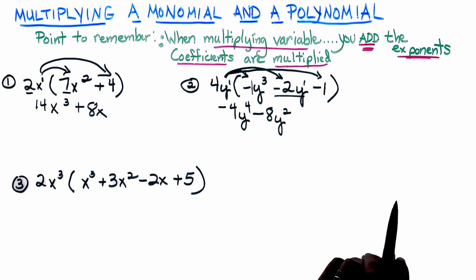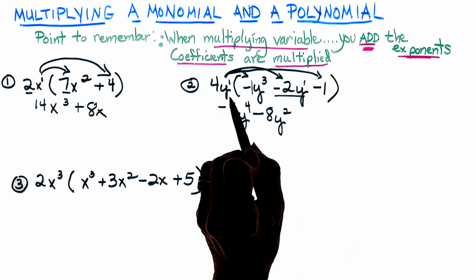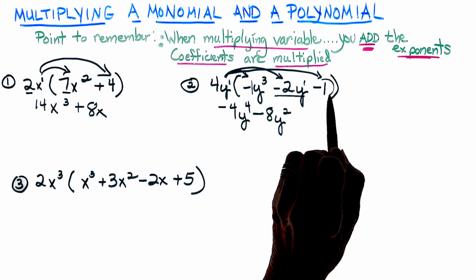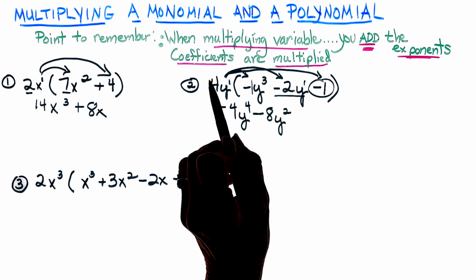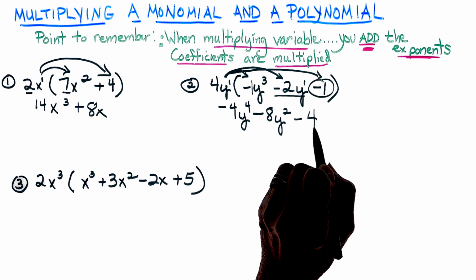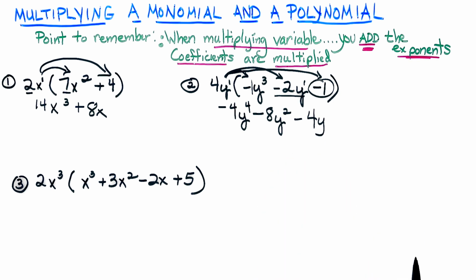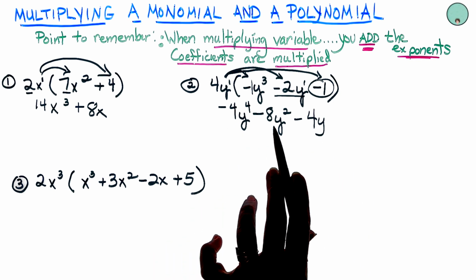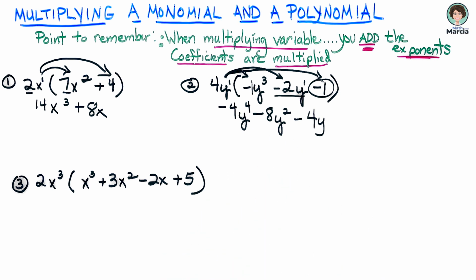And last but not least, I have 4y, and it's going to be multiplied by a negative 1. So negative 1 times 4 is minus 4, and the y just comes along. So here is my answer, actually, in simplest terms.